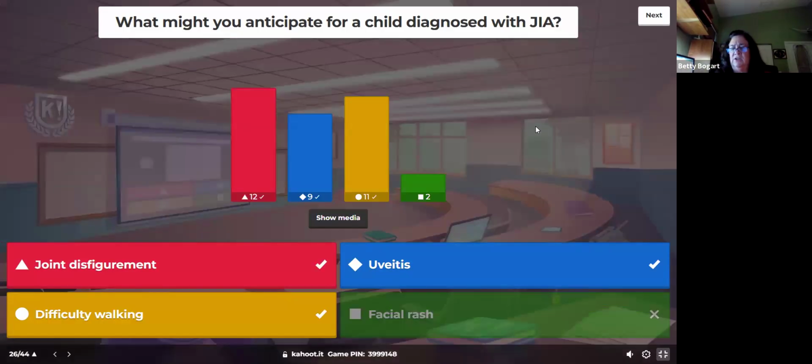We're going to have joints that are swollen and disfigured. And then there's something called uveitis, where the iris gets infected, and we need to do at least yearly eye checks on these children. Facial rash is lupus. It's not JIA.